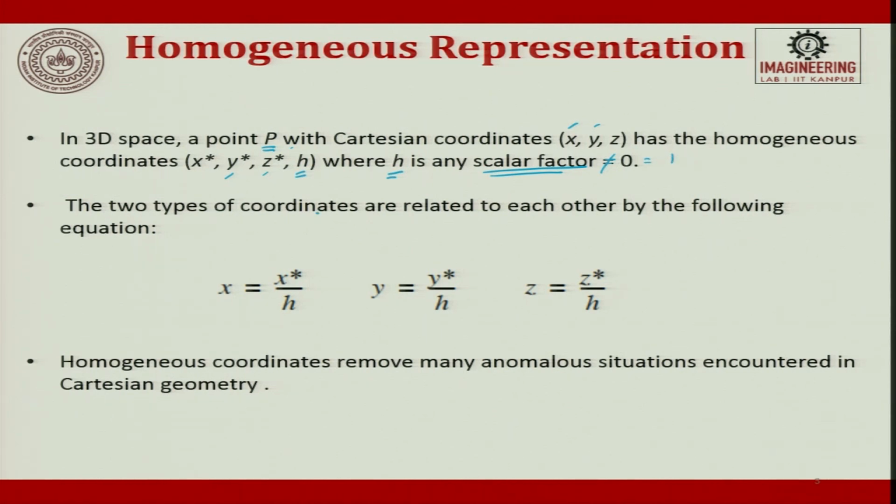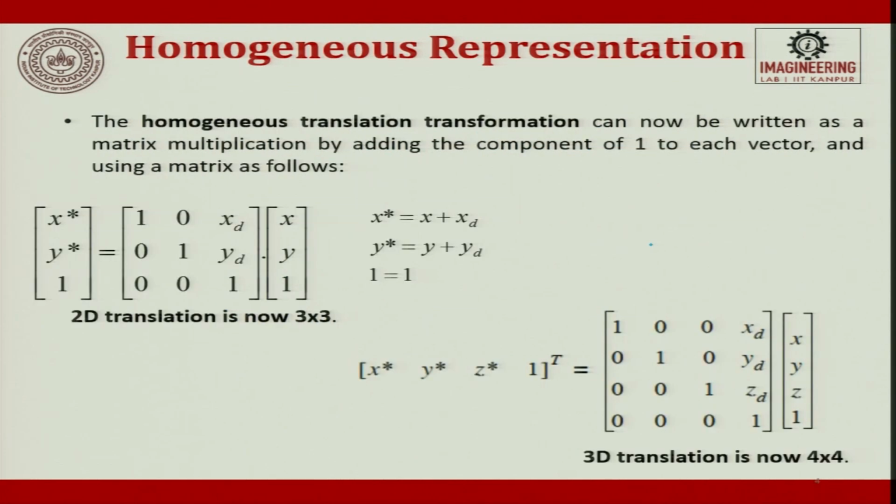The two types of coordinates are related to each other by the equations x equals x star by h, y equals y star by h, z equals z star by h. h is nothing but a scalar factor. Homogeneous coordinates remove many anomalous situations encountered in Cartesian geometry. That is why we write it in a homogeneous representation.